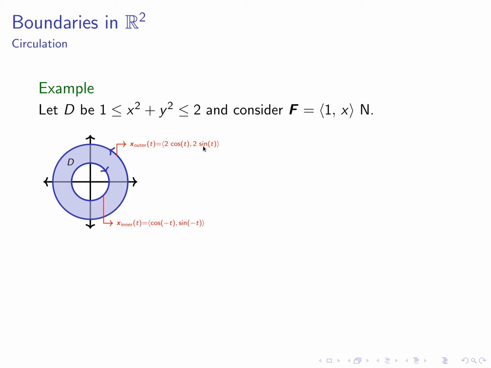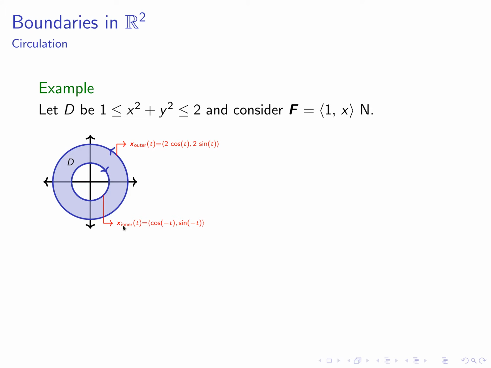We also want to parameterize the inner boundary curve, which I'm going to call x sub inner. And we need to parameterize this inner boundary curve in such a way that the direction of motion is clockwise. So all we need to do here is parameterize the unit circle so that the direction is clockwise.